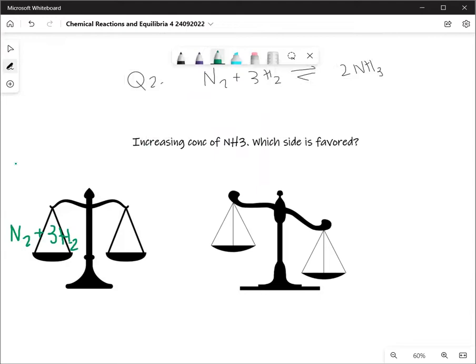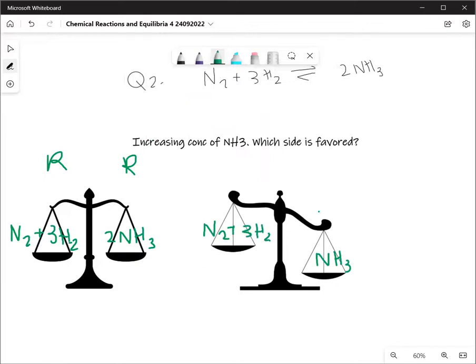That is the reactant side, yes? And this is the product side. This was balanced. Now suddenly, if I increase NH3, how can I balance this again?